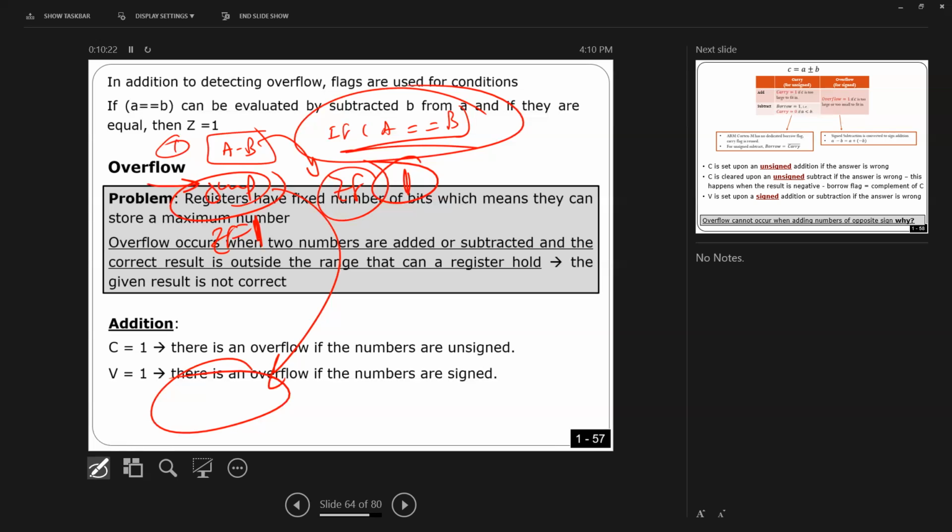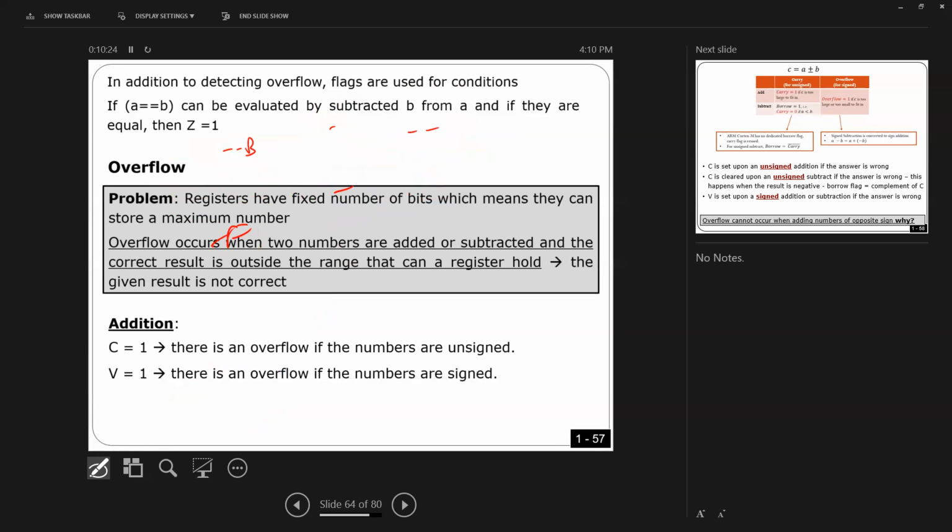Another flag. The other flag is the negative flag, the N flag. Again, you can tell from the English name that if you do a certain operation and the result is negative, as I explained before, if you have a number and this number is negative, it means the most significant bit is 1.